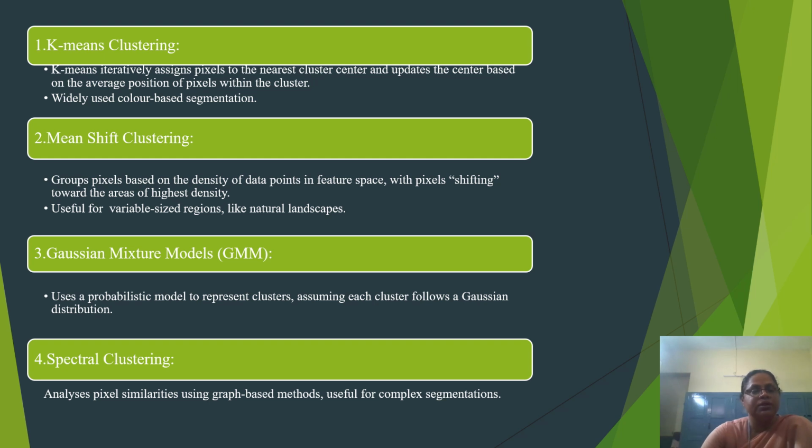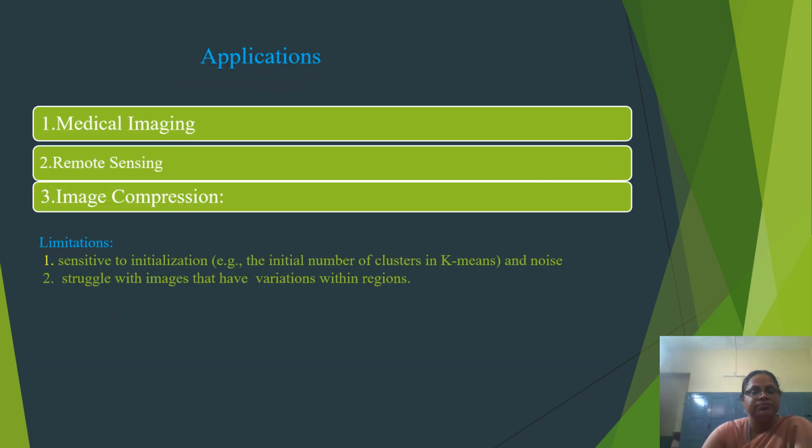The types of clustering available are K-means clustering, mean shift clustering, Gaussian mixture model, and spatial clustering. Applications can be medical imaging, remote sensing, and image compression. The limitations are that it is sensitive to initialization and noise, and struggles with images that have variations within the regions.